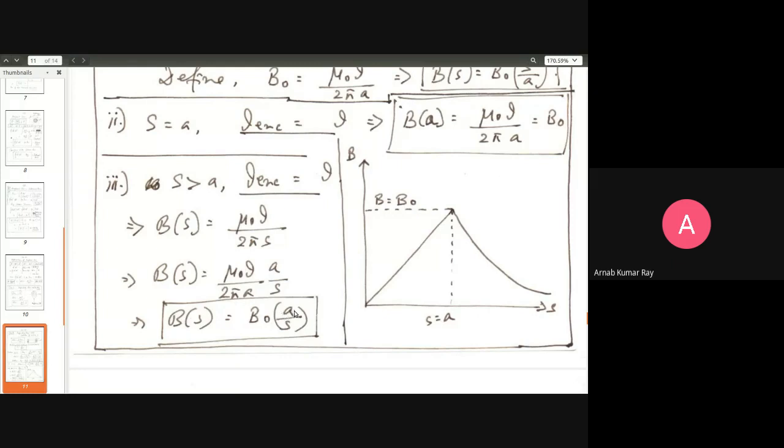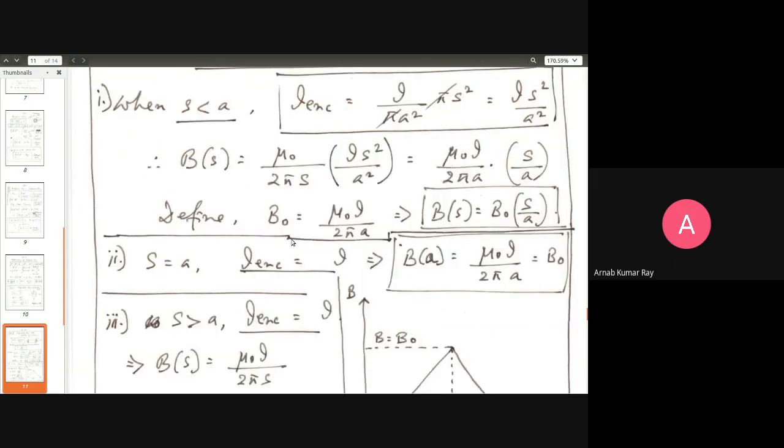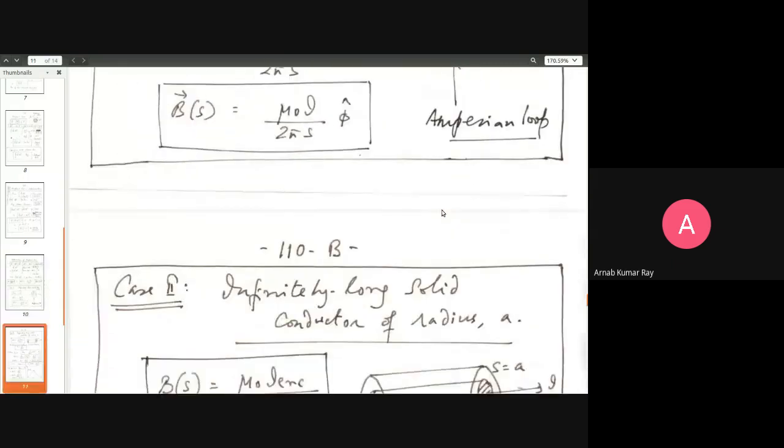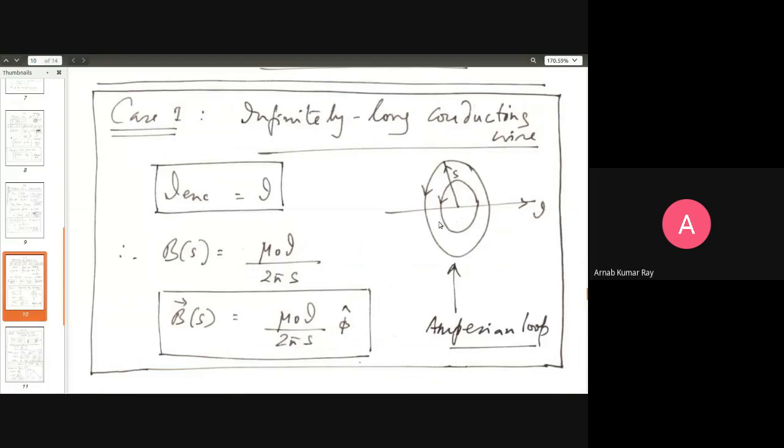But before I move further, I'd like to come back to this formula. You see, when S is greater than A, B is equal to mu naught I by 2 pi S. But this formula, mu naught I by 2 pi S, is exactly what you got when you worked with an infinitely long, thin conducting wire, not a solid cross section. So what is the difference?